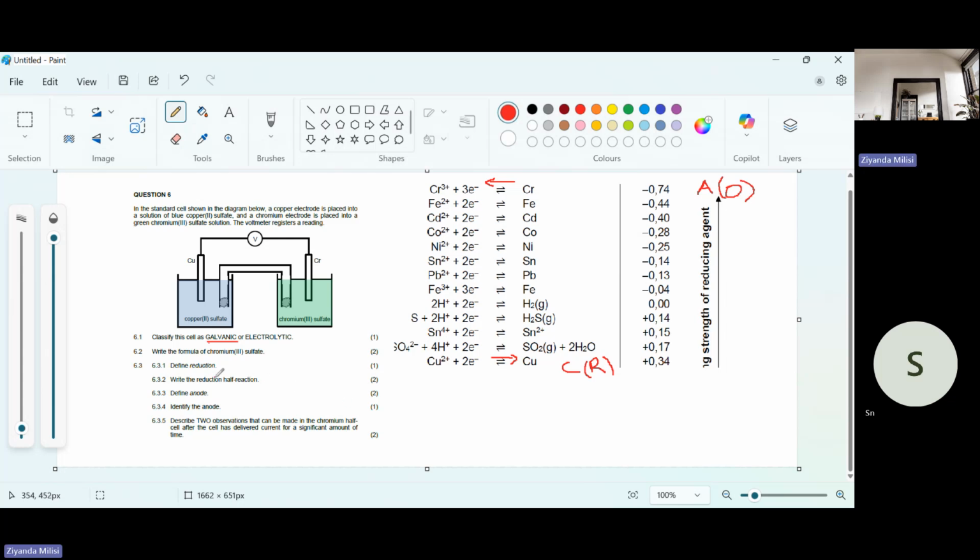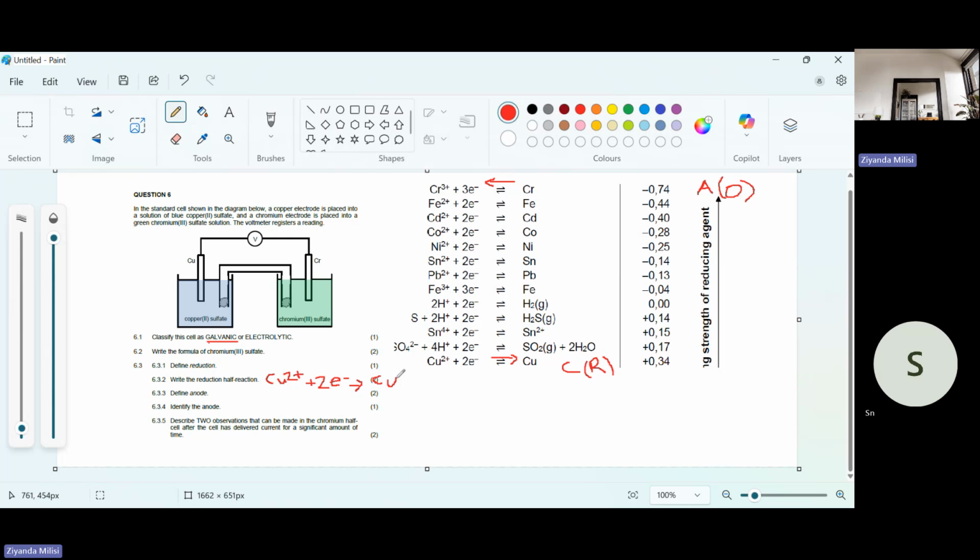You write your reduction half reaction. This is the one. It is Cu2 plus, plus 2 electrons. And what do you get? Cu.